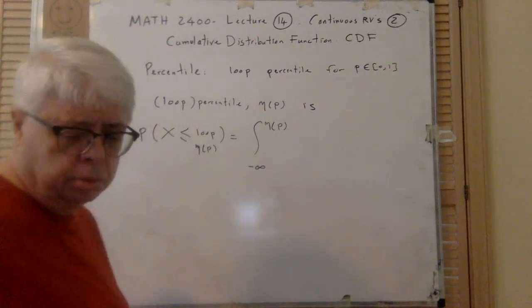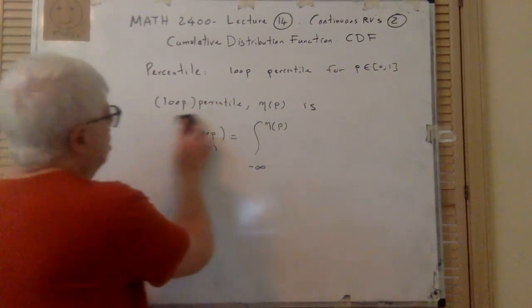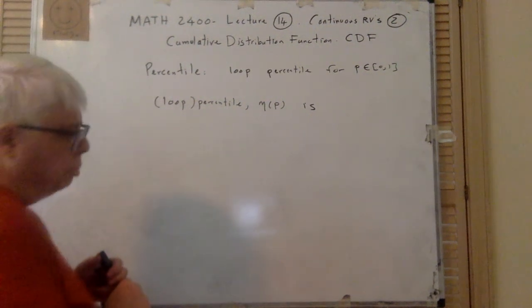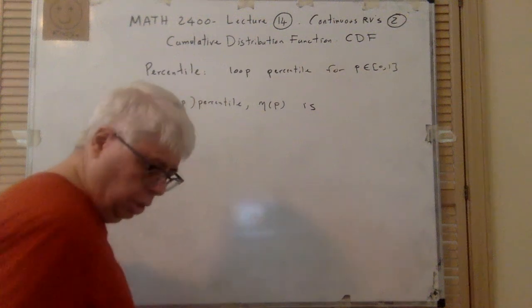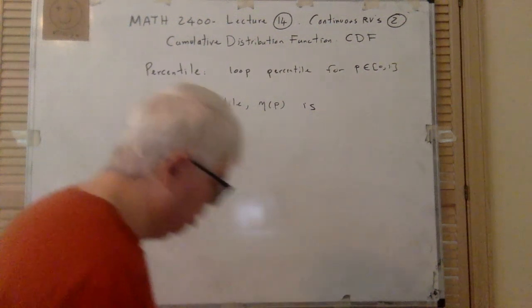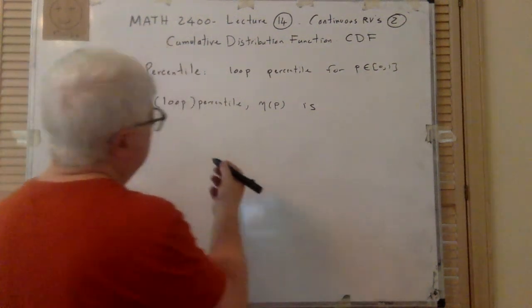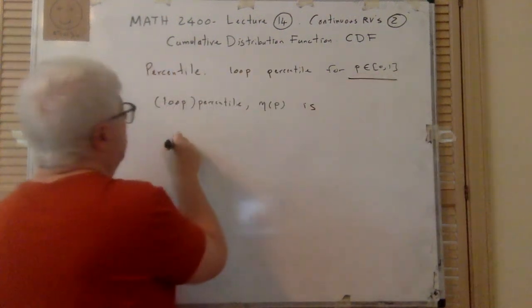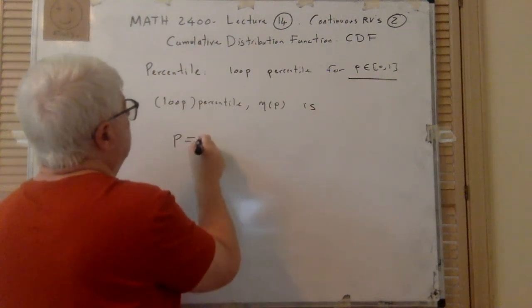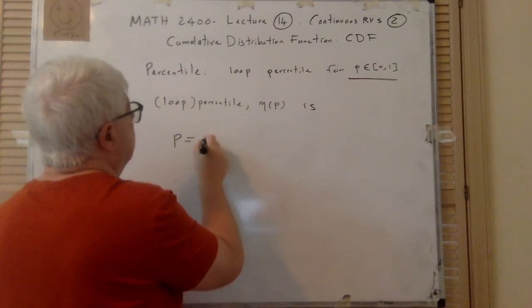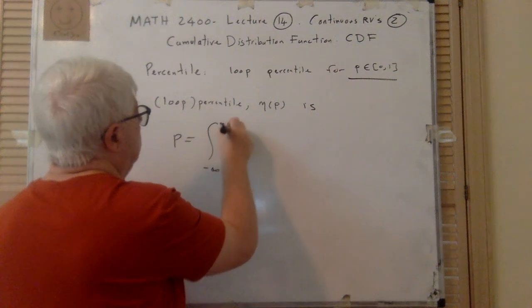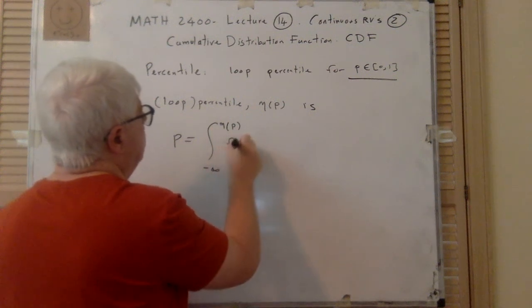No, sorry. What I was saying is, in fact, this is a number. Eta of p is a number such that this happens. I'm just making myself confused. So p is a number here, and this you should find. It is the integral from minus infinity to eta of p of f(t) dt.